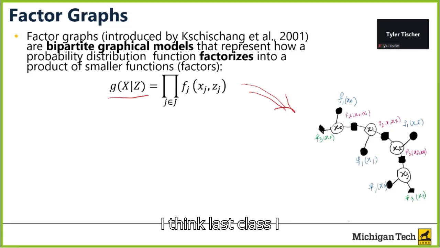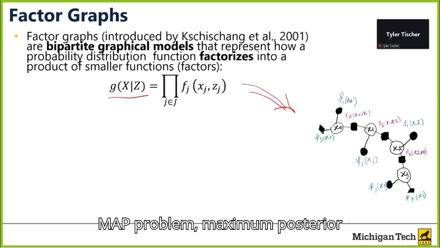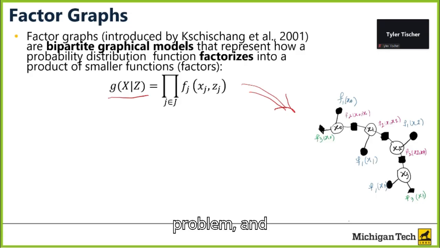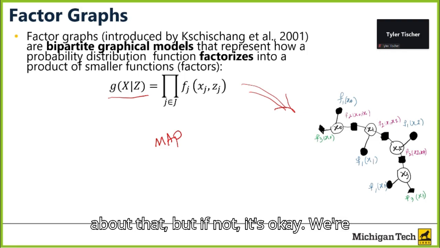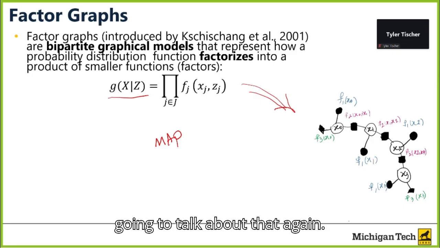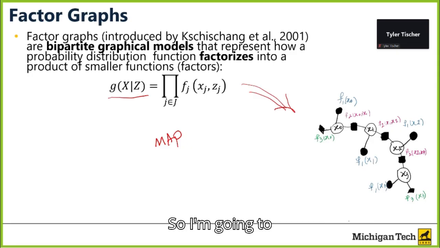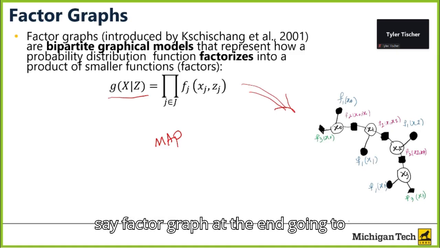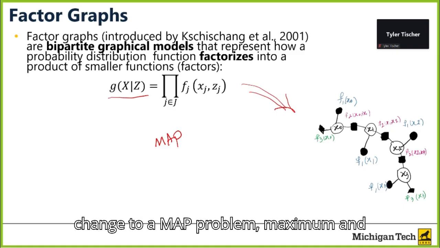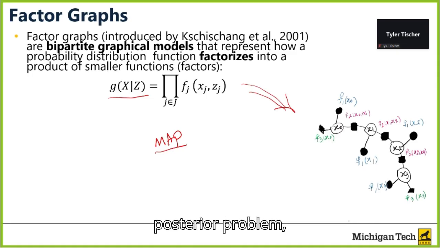I think last class I talked about the MAP problem, maximum a posteriori problem, and I think we talked about that, but if not, it's okay. We're going to talk about that again. So I'm going to say the factor graph at the end is going to change to a MAP problem, maximum a posteriori problem, and be solved very efficiently.